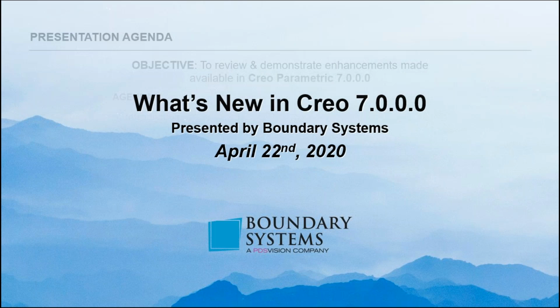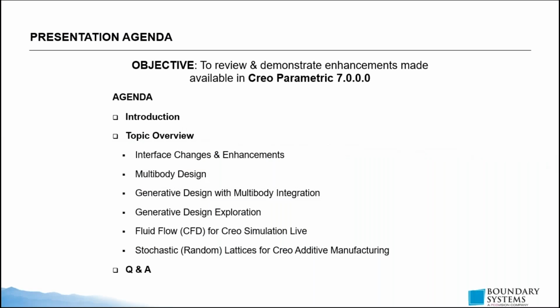All right. In terms of an agenda, what we're going to cover today, we're going to review and demonstrate some of the big enhancements that are available in Creo 7, right? And so after an introduction, we will talk about some of these enhancements and topics. So we'll start off with a lot of the general interface changes and enhancements that apply to almost everyone that uses Creo.